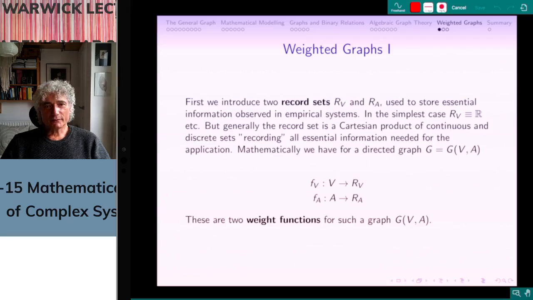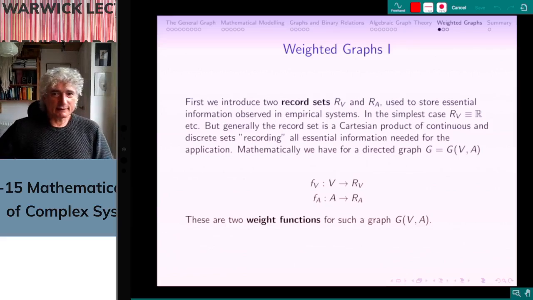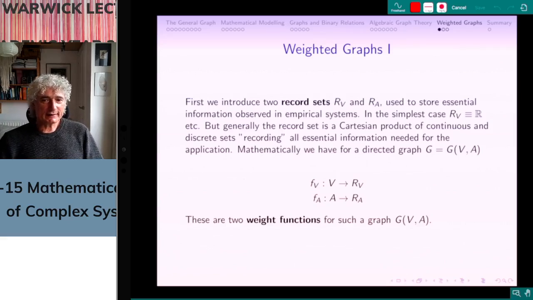Now I go to a very important subject for mathematical modeling. This is the subject of weighted graphs. Weighted graphs in graph theory don't play a big role, or they play a surprisingly small role.